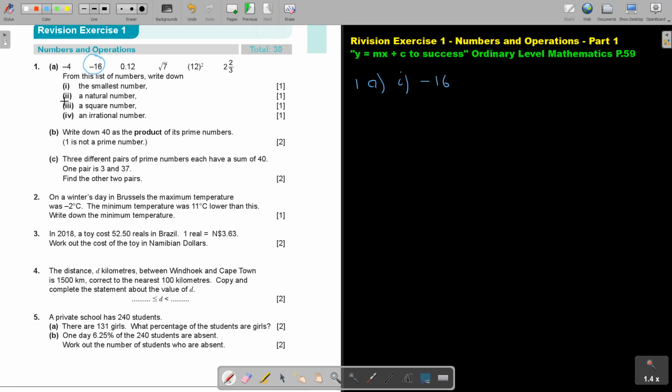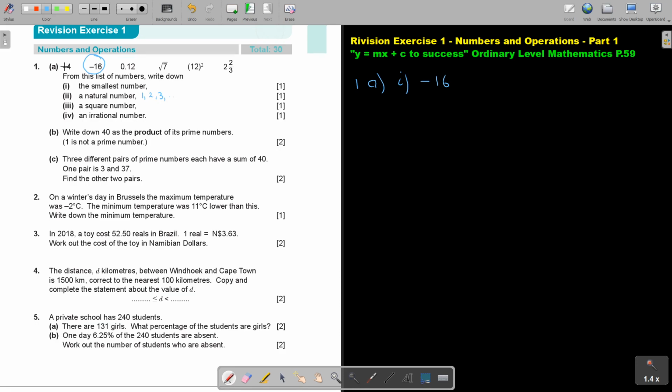Okay. A natural number. Now, can you still recall natural numbers? You can quickly go back to your page and recall what natural numbers were. Natural numbers were 1, 2, 3. It was not 0, so natural numbers are 1, 2, 3, and going on.